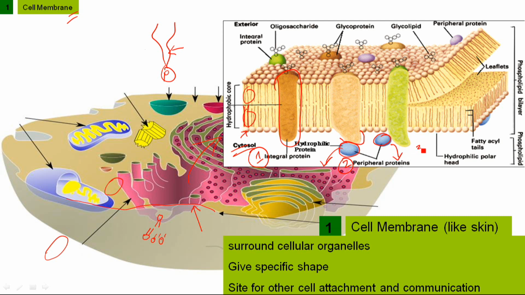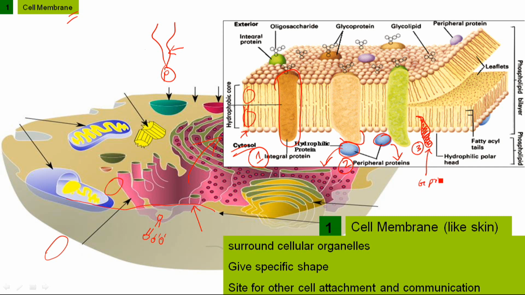The third kind is called the lipid anchored protein. They reside in either part of the lipid bilayer, normally the interior part, and they attach to the lipid part of the bilayer.